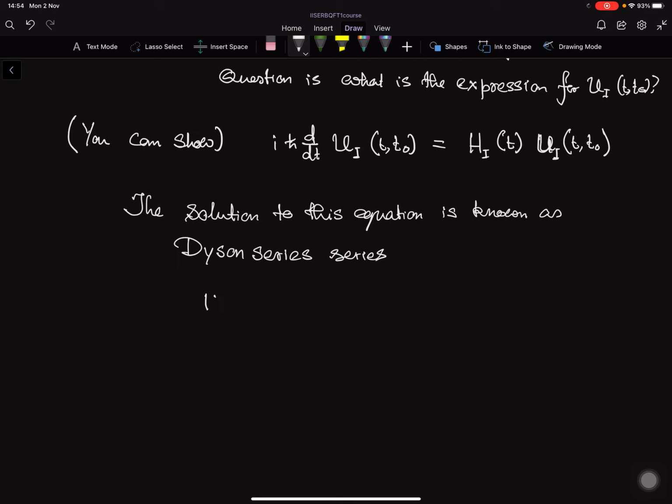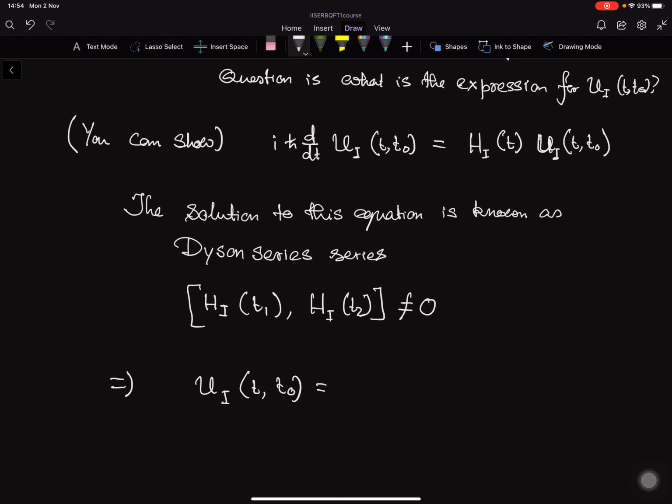The subtlety here is that the interaction Hamiltonian, since it is time dependent, at two different times does not commute. This implies that the ordinary expression that you would guess for this thing, something like an exponential, does not satisfy the differential equation.